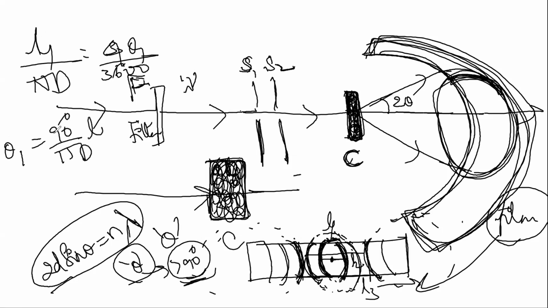Pi D into L1. What is this D? D is the diameter of the cylindrical film.